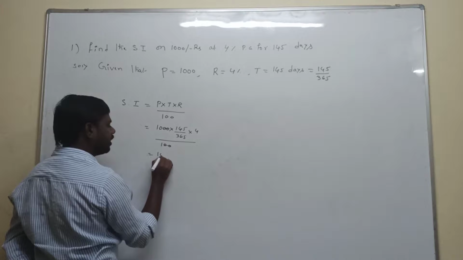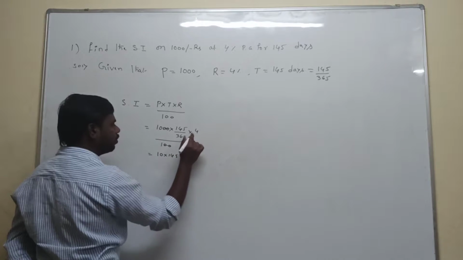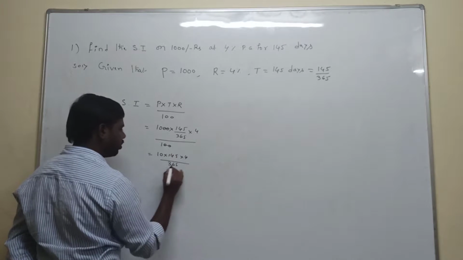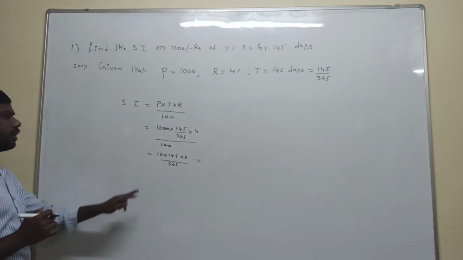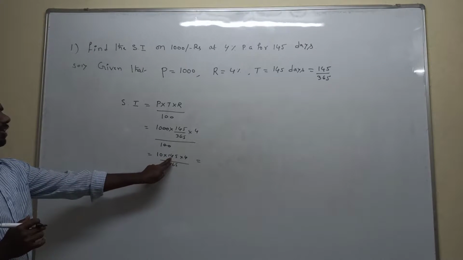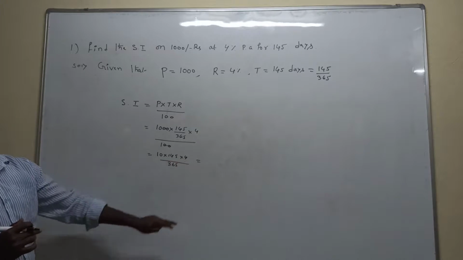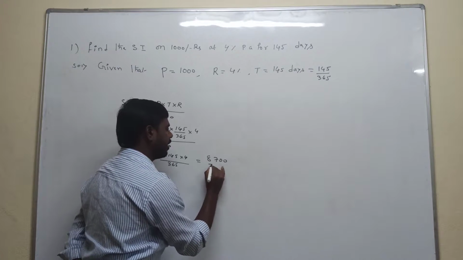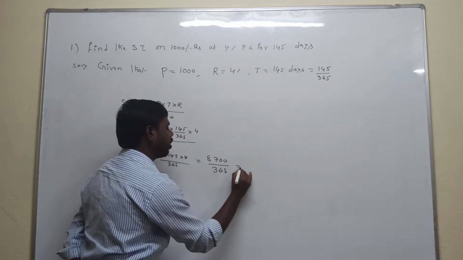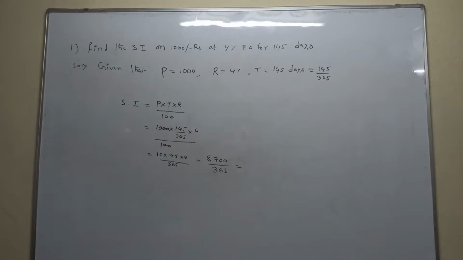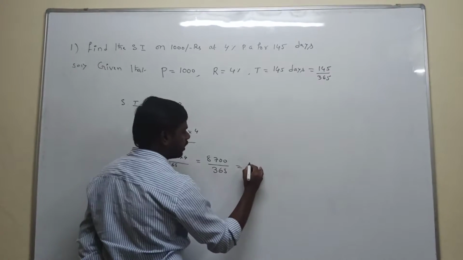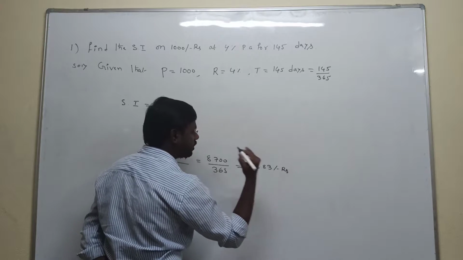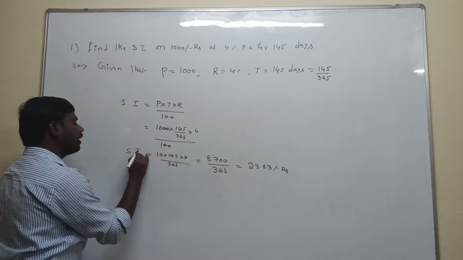The remaining numerator is 10 into 145 into 4, divided by the denominator 365. 10 into 145 is 1450, into 4 is 5800. Wait, as stated, the product is 8700, divided by 365, which is 23.83 rupees. This is the required simple interest.